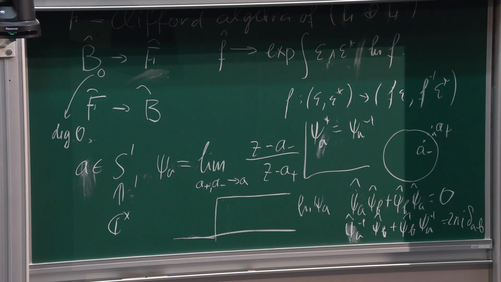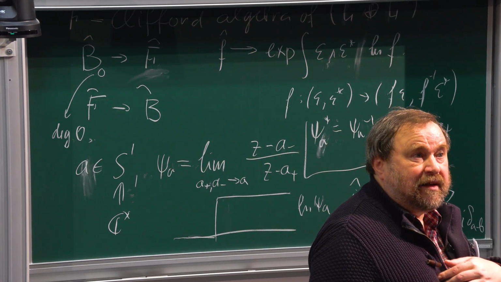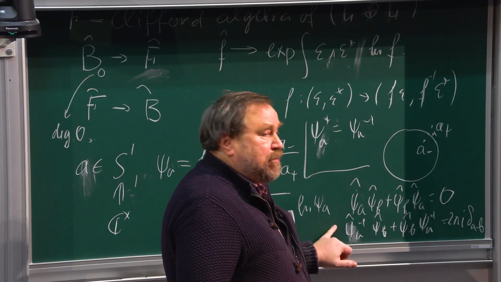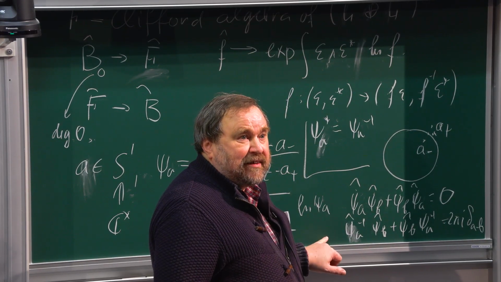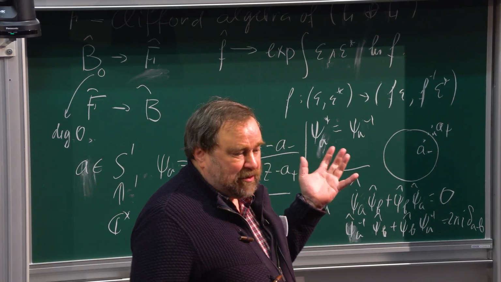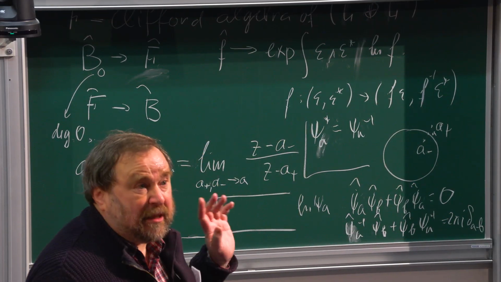Is it the Dirac delta as a distribution? It's a distribution, yeah. And the idea is that if you take this expression, you multiply by test function, you integrate, and then you use this formula, I don't know, Cauchy formula, and you get this fact. In the limit, of course.